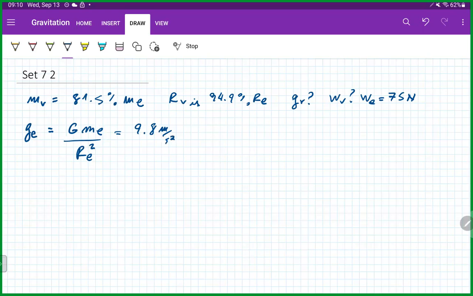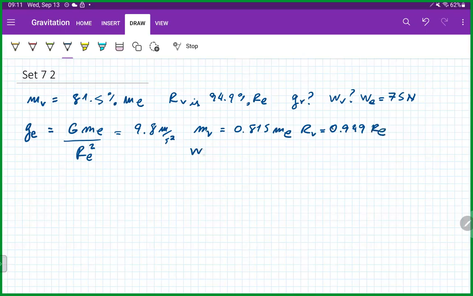So we can put this in terms of numbers, not just percentages. So this is 0.815 mass of the Earth, R Venus is 0.949 the radius of the Earth, right?